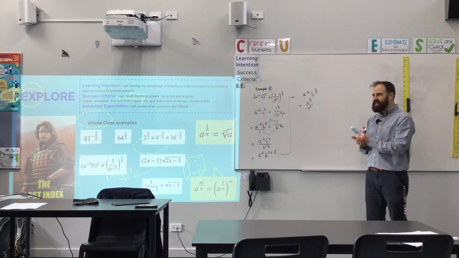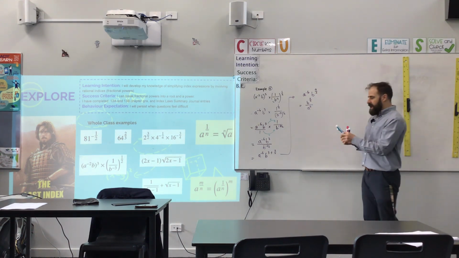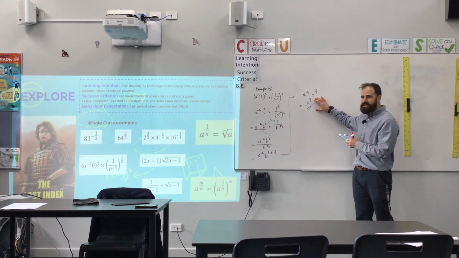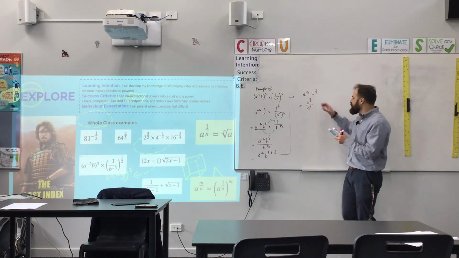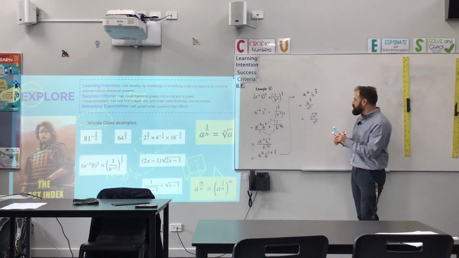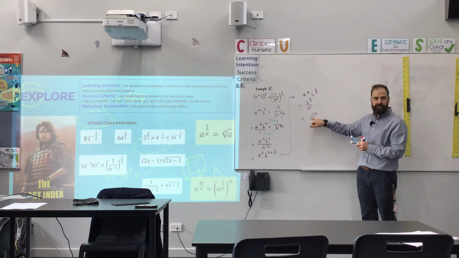We could do a little bit more with this problem. And I'm showing you this not because you need to. This I would mark as completely correct. But if this was a multiple choice question on an exam, it's very possible that they would write the answer like this. So they would turn that fractional power into a root problem.